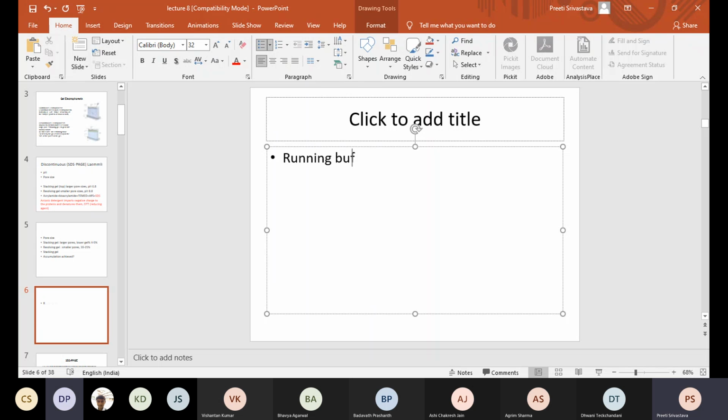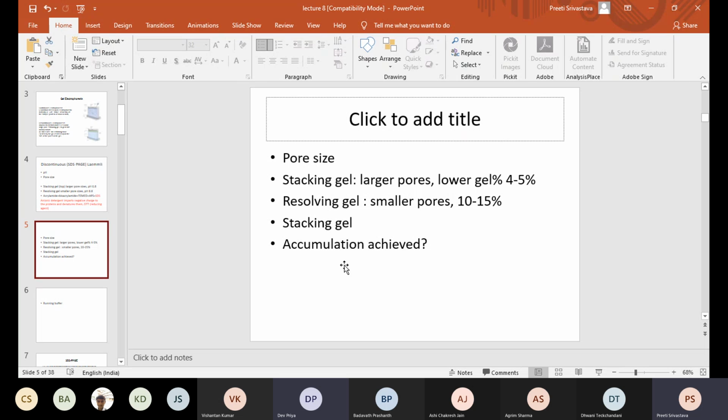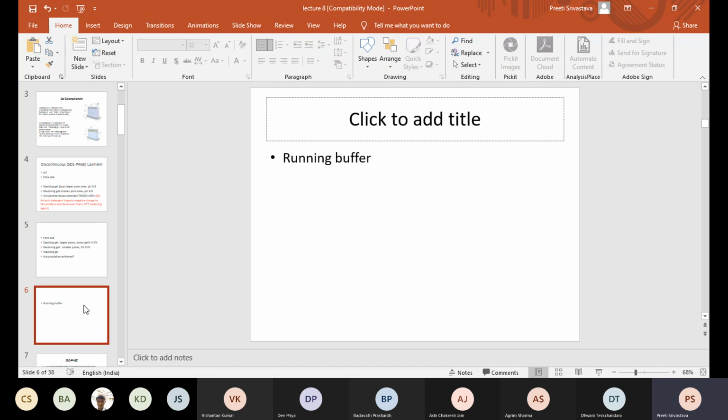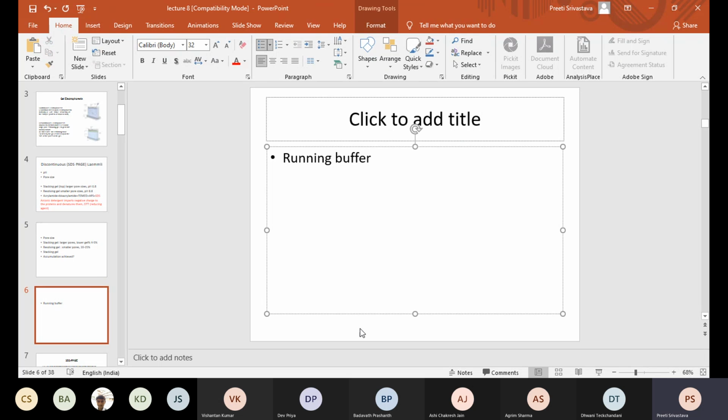So the question was how is the stacking effect achieved? In stacking gel, the proteins accumulate and then they separate in the resolving gel. So how is this accumulation achieved? Have you studied this? Ma'am, I don't remember. No, ma'am. Not in BBL one.